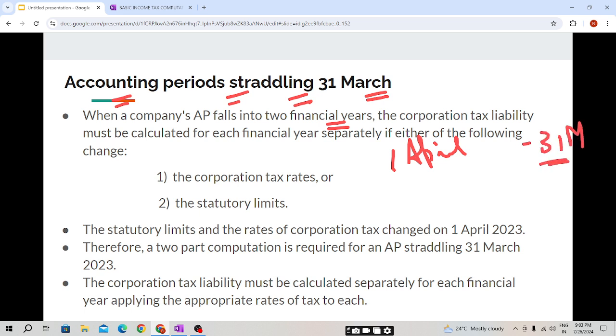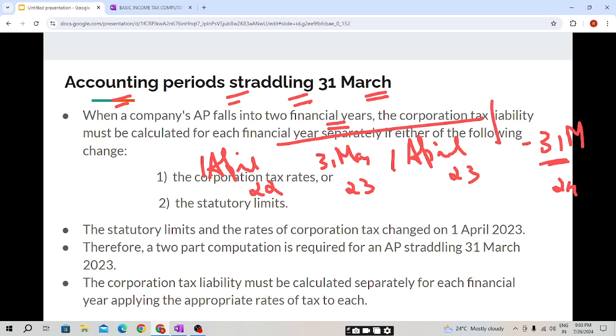But students, if the accounting period is falling in 2 financial years, that is 1st April 22 to 31st March 23 and 1st April 23 to 31st March 24. If our accounting period is falling in these 2 financial years, how we will account it?